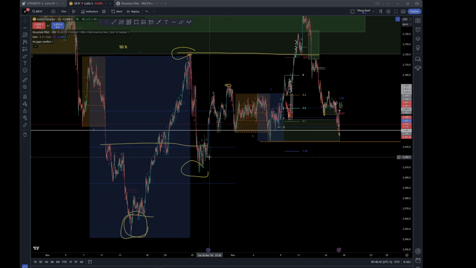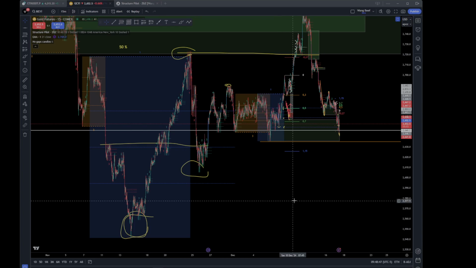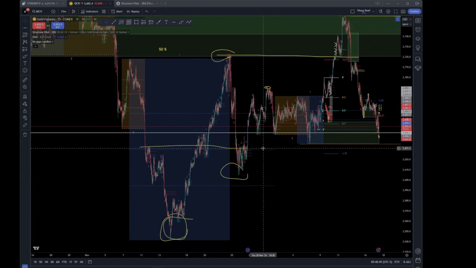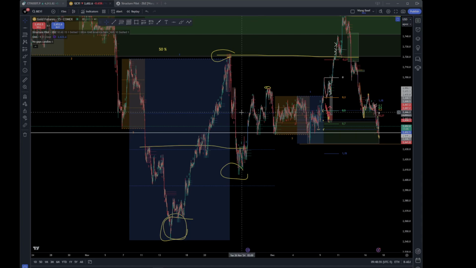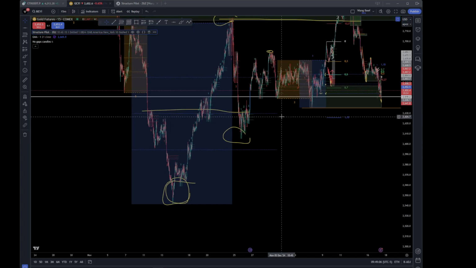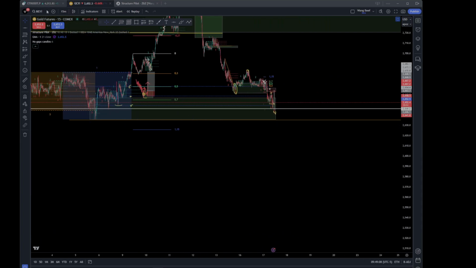I want it to be in the remaining week that's here. So we trade above, come back in, trade above. Yeah, somewhere there. We'll see.